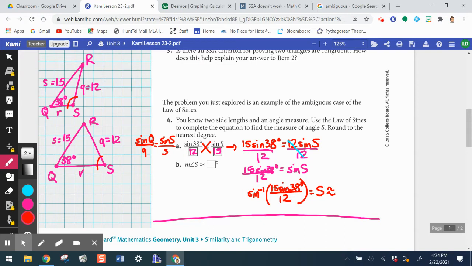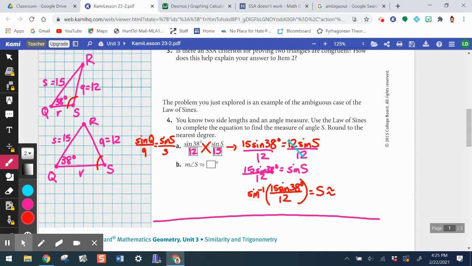So we replace Q with its angle measure, 38 degrees, and replace its opposite side length with 12. Again, we don't know the measure of angle S, so we'll leave the sine of S over its opposite side, which is 15. So I want to show that cross multiplication.